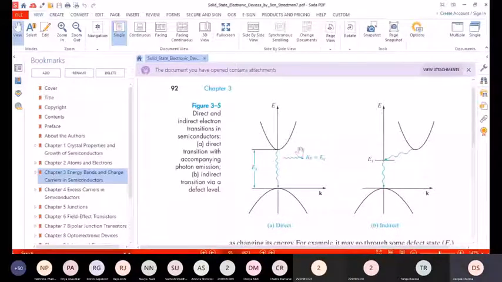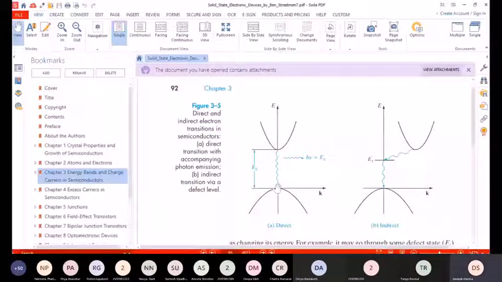Are you able to see the cursor? Yes, sir. Okay. This point is the minimum energy level of the electron in this whole conduction band, right? And this is the maximum energy level of the electron in the valence band. So this is the valence band and this is the conduction band, right?